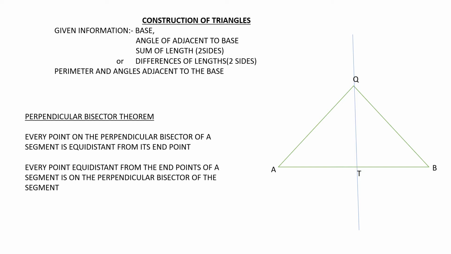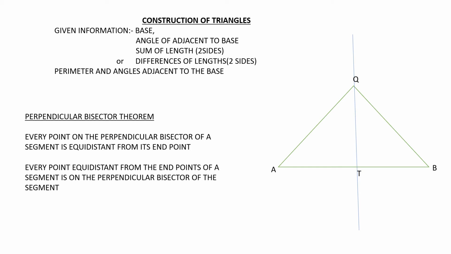Based on this diagram, they have given the perpendicular bisector theorem. First, every point on the perpendicular bisector of a segment is equidistant from its end points, right? Each point on the perpendicular bisector, T from A and T from B, is equidistant.